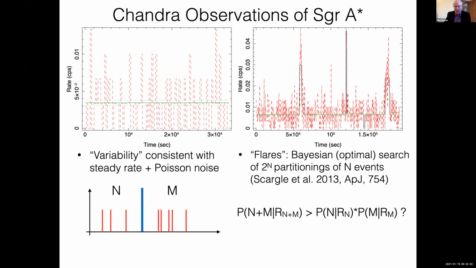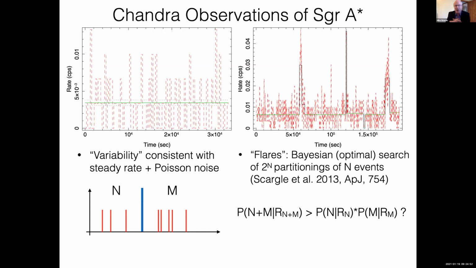If there are n events, there are n partitions possible, so there are 2 to the n possible different light curves. He's basically come up with a method of searching all of those 2 to the n possibilities and asking whether the probability of 1 block is more significant than the probability of 2 blocks.